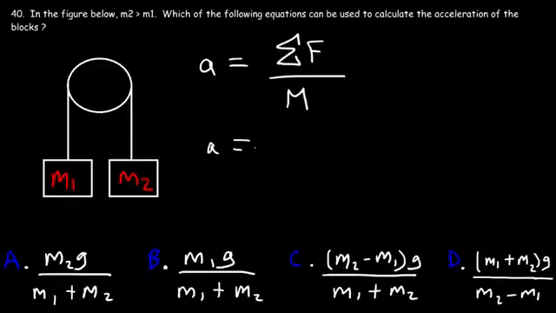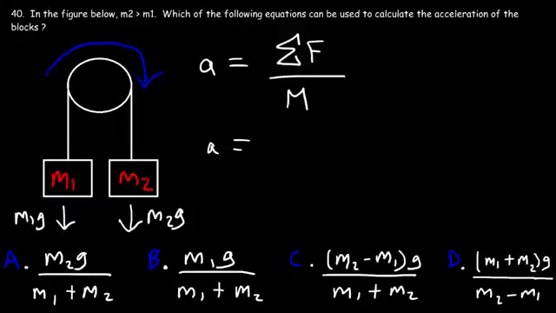So there's really two driving forces in the system. The first one is the weight force of the second block, which is M2G, and the second one is M1G. Now we know that the whole system is moving in this direction. So the driving force is M2G. The weight of block 2 causes the whole thing to move. The weight of block 1 slows it down in that direction.